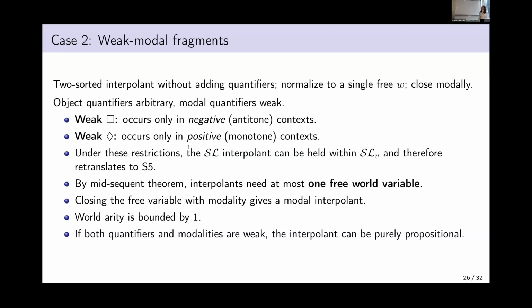Under these restrictions, the two-sorted interpolant can be held in the one-variable fragment, and therefore we can retranslate back to S5. If both object and world quantifiers are weak, then we have a propositional interpolant.